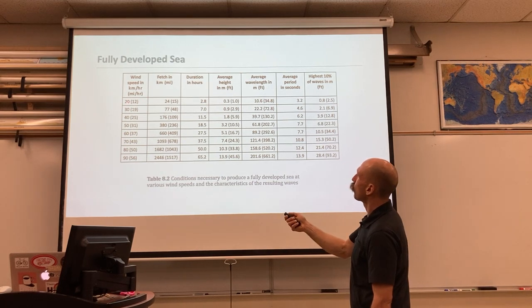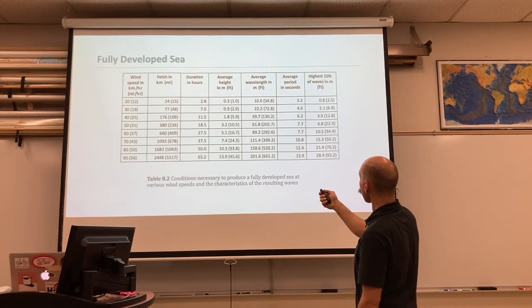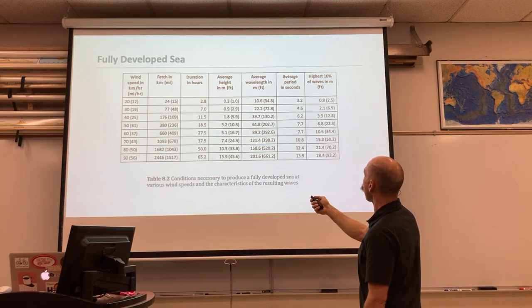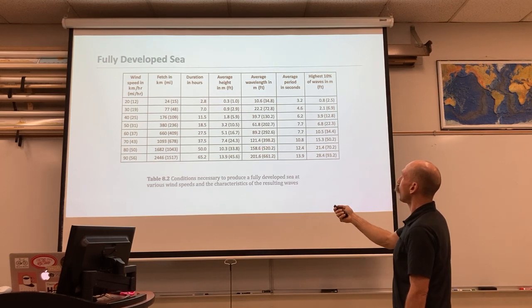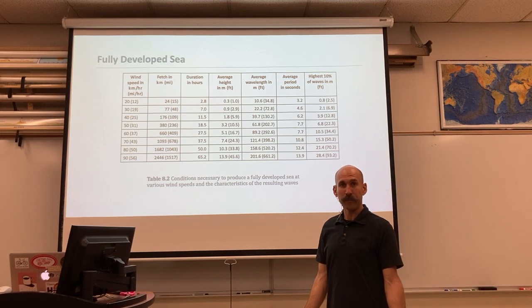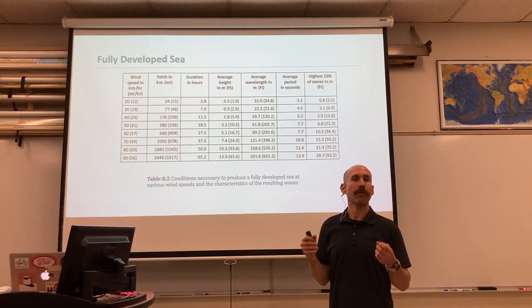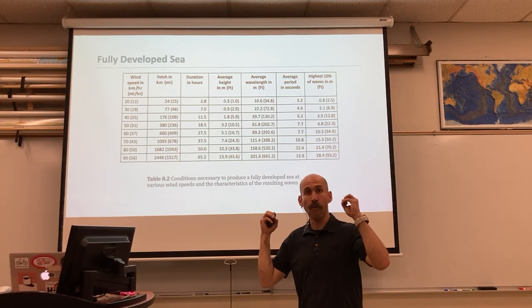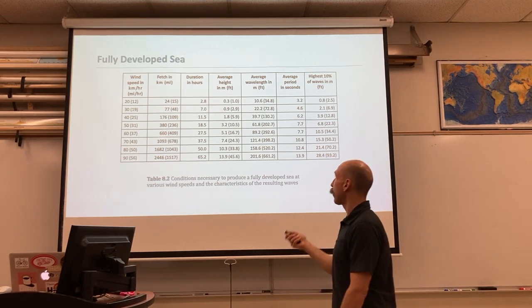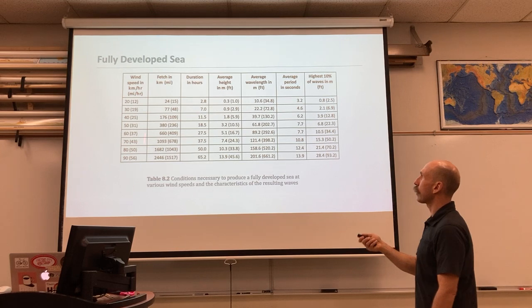So from 20 to 40, waves go from about 10 to 40. From 40 to 80, waves go from about 40 to 160. So, whoa, okay. The more the wind blows, the more the waves get bigger. And so waves can just get bigger and bigger and bigger with increasing wind speed.